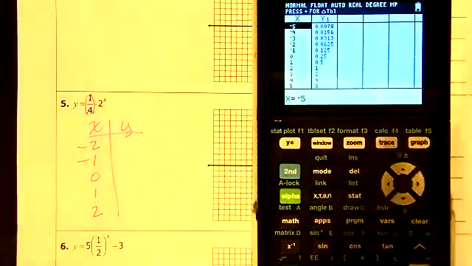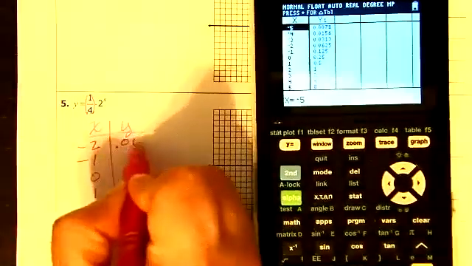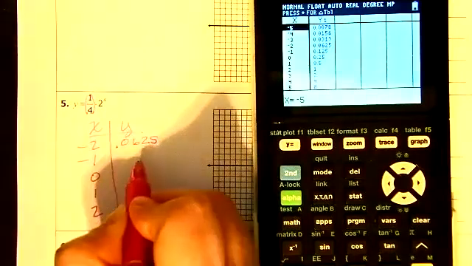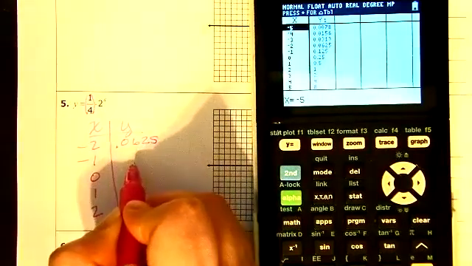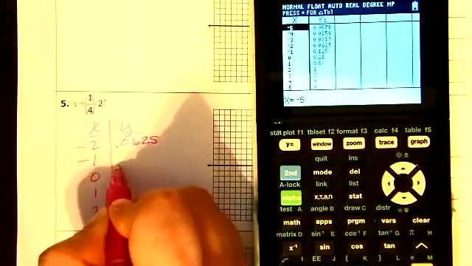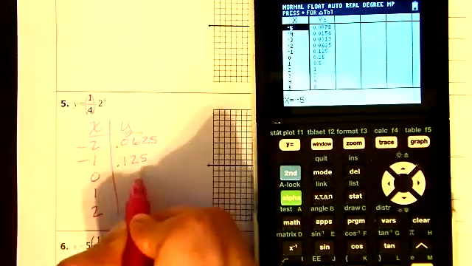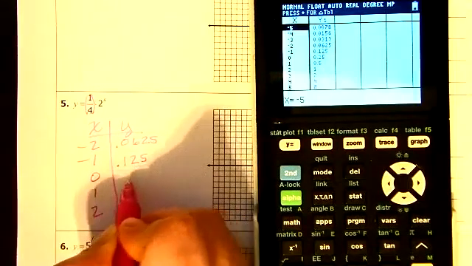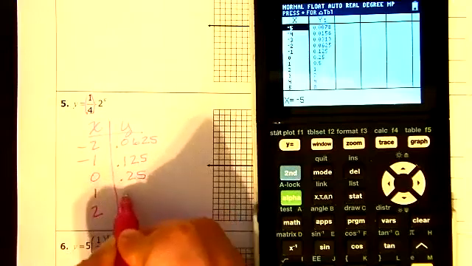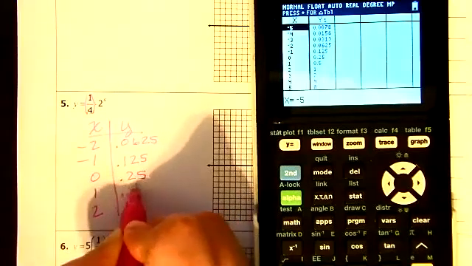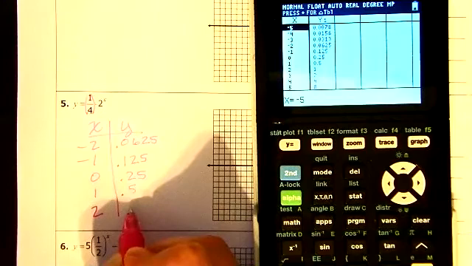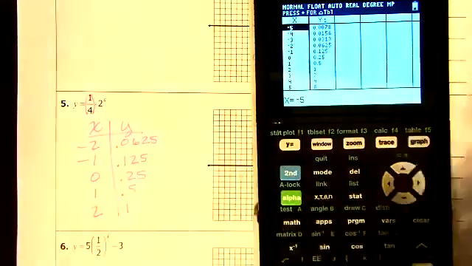-2 is 0.0625. Or you could go to the graph first. I probably should have done that first. Just trying to fill out my table. 0.125. 0 is at 0.25. 1 is at 0.5. 2 is at 1. So now let's see what the graph is.